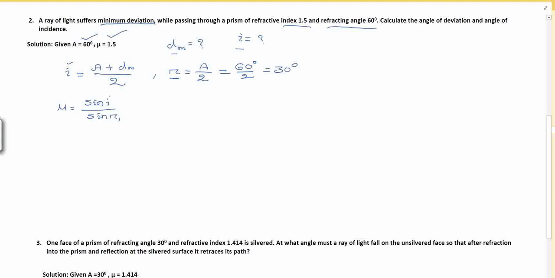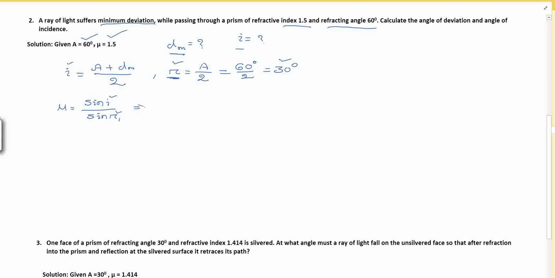Here I is the angle of incidence and R1 is the angle of refraction for the first face. As the angle of deviation is minimum, the angle of refraction for the first face is equal to the angle of incidence for the second face, that is equal to R, and its value we have calculated is 30 degree. So mu is equal to sin I by sin R1. So we have to find the value of I.